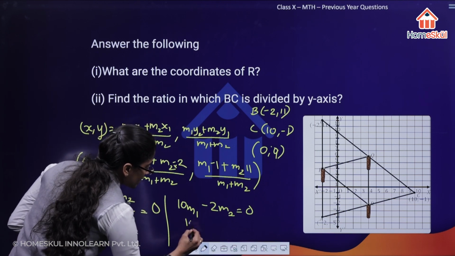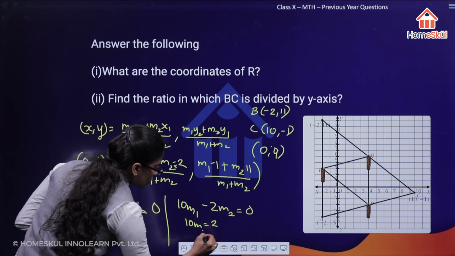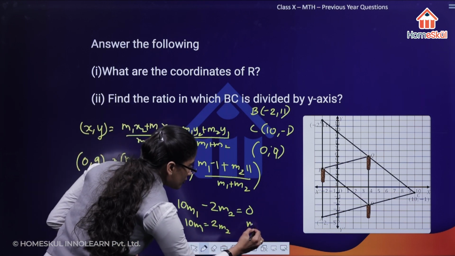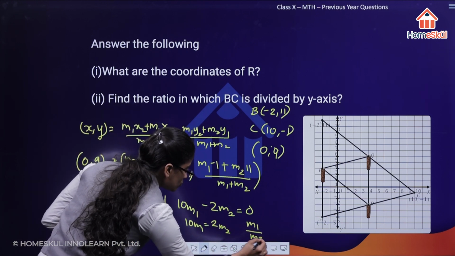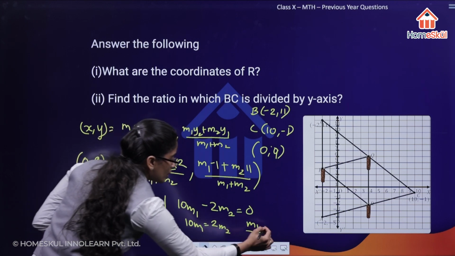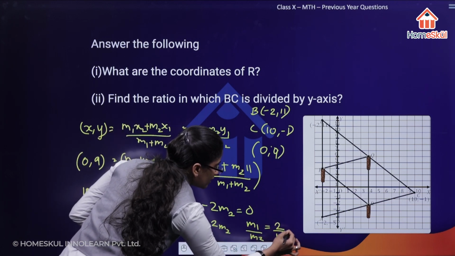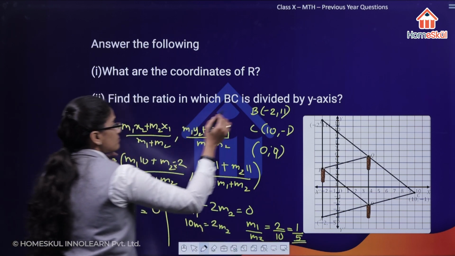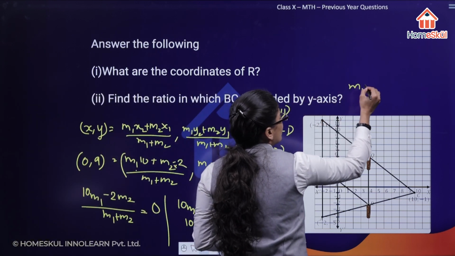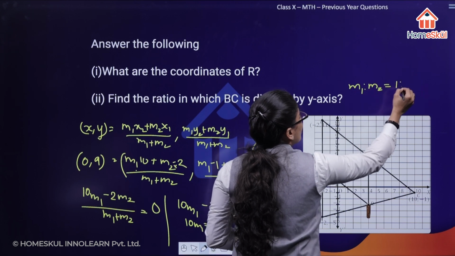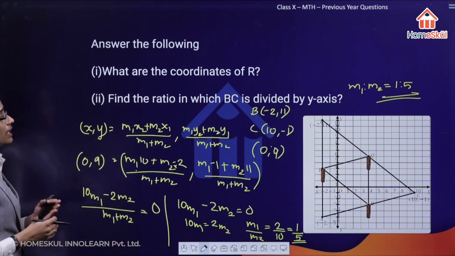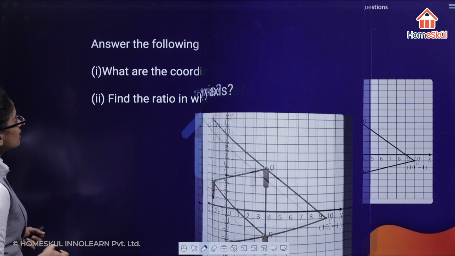That means 10M1 is equal to 2M2. We need to find M1 by M2. Therefore, M1 by M2 is equal to 2 by 10, which will be 1 by 5. That is, we are getting the ratio M1 is to M2 is equal to 1 is to 5. Clear?